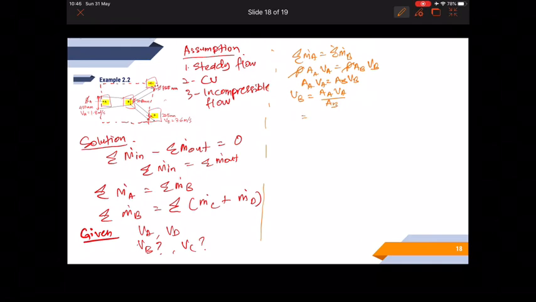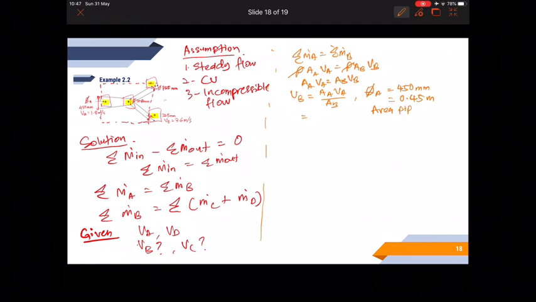So area of A is diameter, they give us diameter A 450 mm. So make sure it's in meter. So you change to meter, it becomes 0.45 meter. Okay, and then area for cylinder, this one is pipe, so you consider as cylinder.